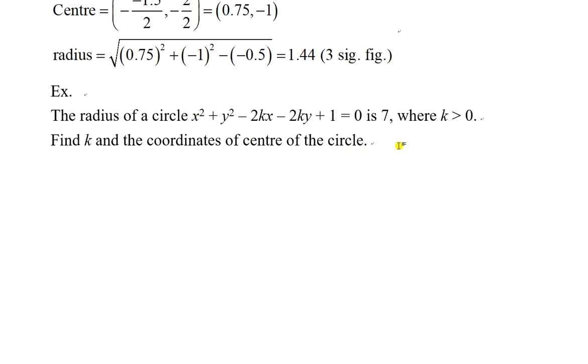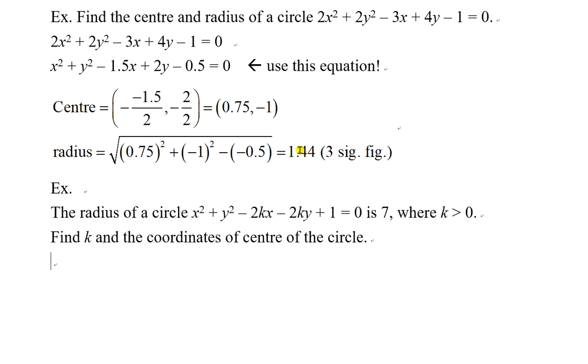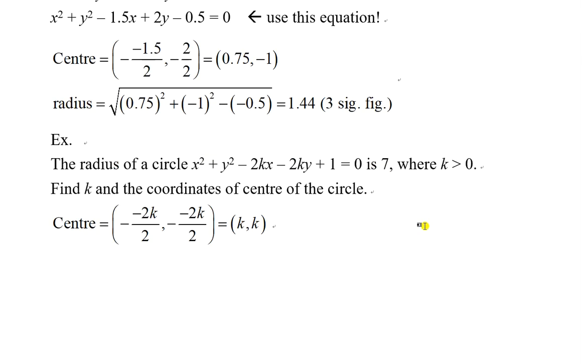Don't worry. When you look at this equation, you can still find the center coordinate and radius in terms of k directly. Just apply the formula directly. You can directly find the center with x coordinate negative 2k over 2, comma, negative, again, coefficient of y, that is negative 2k over 2 again, that's k.